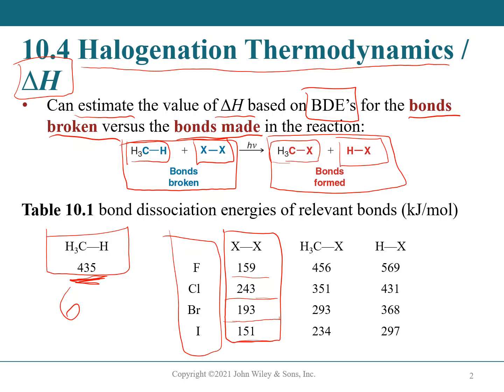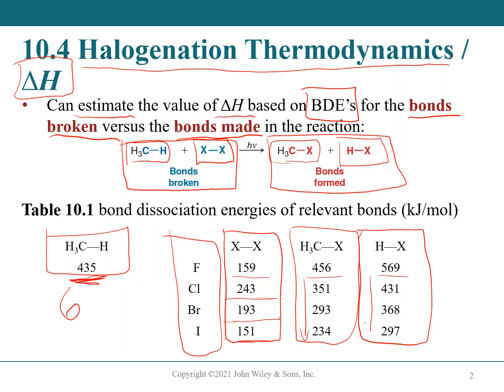And then if you compare the carbon-halogen bonds, the carbon fluorine is the strongest, and it just works its way down to carbon iodine being the weakest, and that exact same pattern is the same for the hydrogen halogen bond, where again the hydrogen fluorine bond being the strongest, working down to the weakest being the hydrogen iodine bond. So we can use this data and give you some examples of the overall reactions on the next slide.